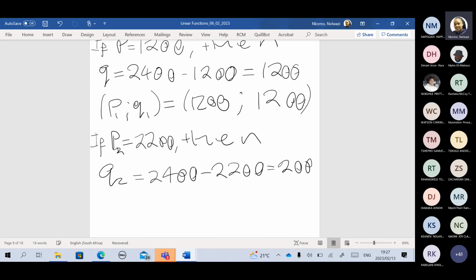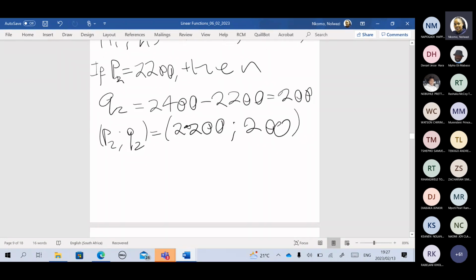If this is the case, this means for P2 equals 2,200, Q2 is 200. Now we have our 2 points. We can calculate the arc price elasticity on that interval between these 2 points.